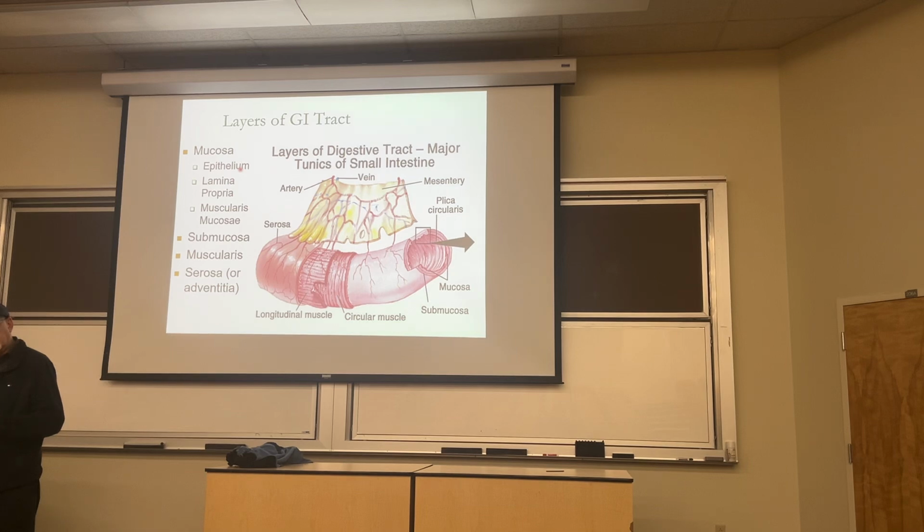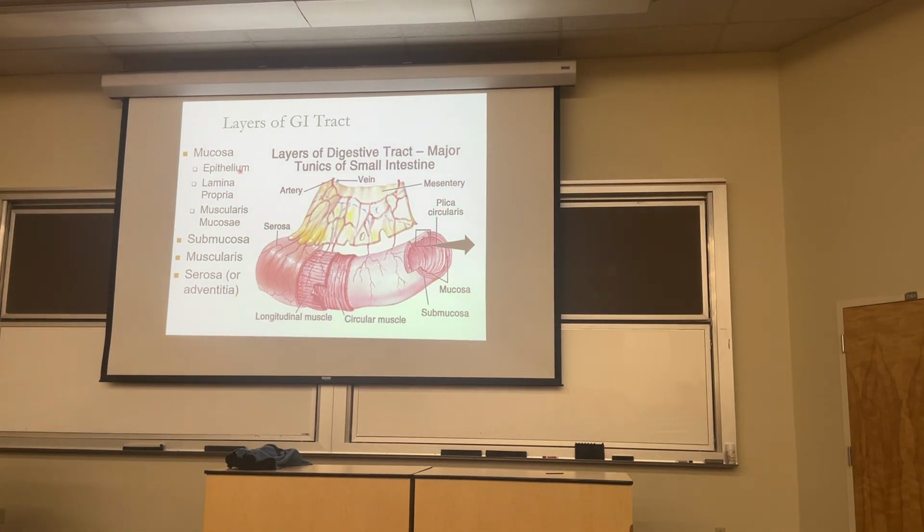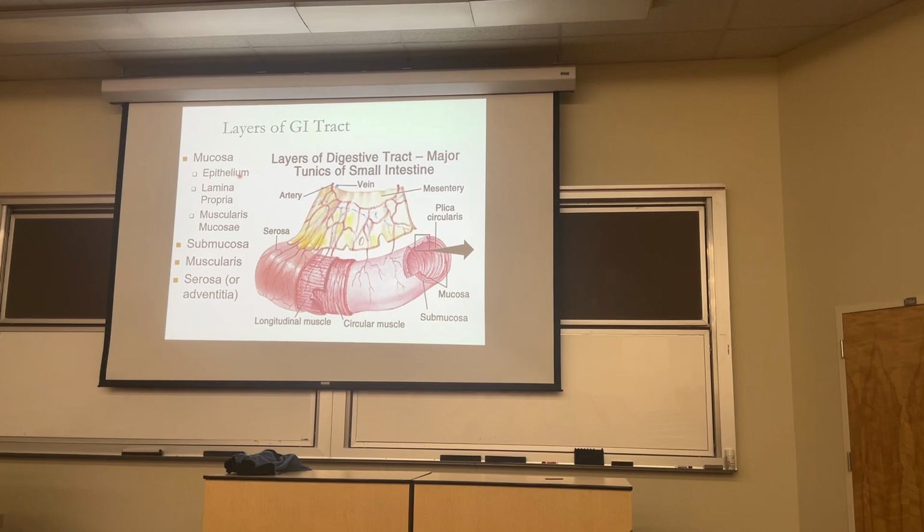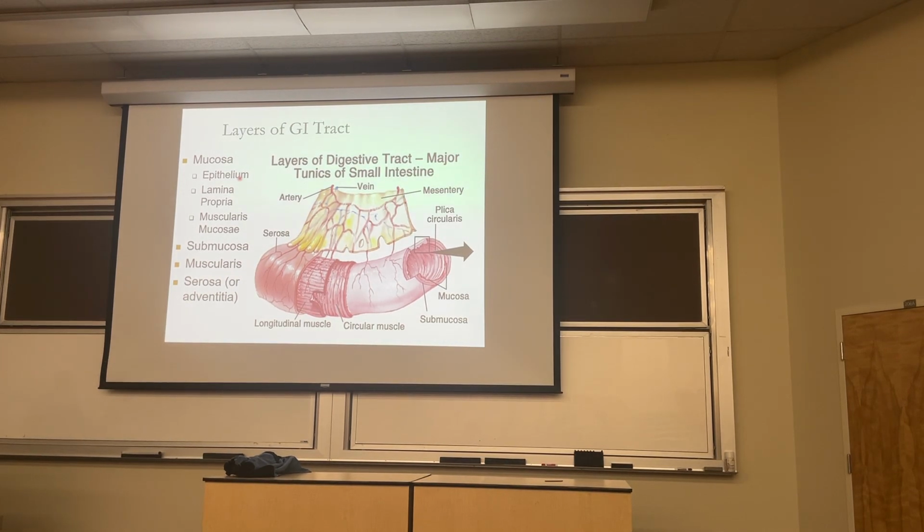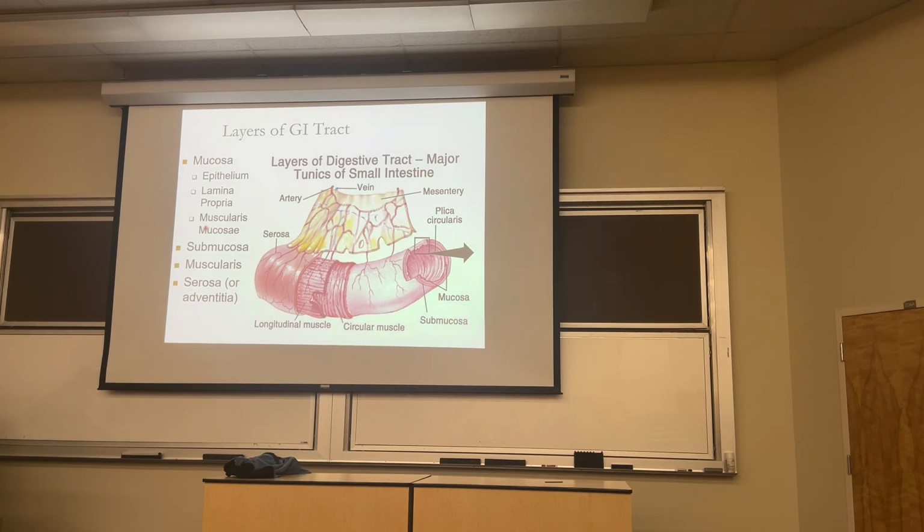So there's a little bit of variation, but it's all simple columnar in those areas. So that's the epithelium. The lamina propria also has some variation as we go down, and so does the muscularis mucosae. In most places, the muscularis mucosae is 2 layers. In the esophagus, it's usually 1, for instance.